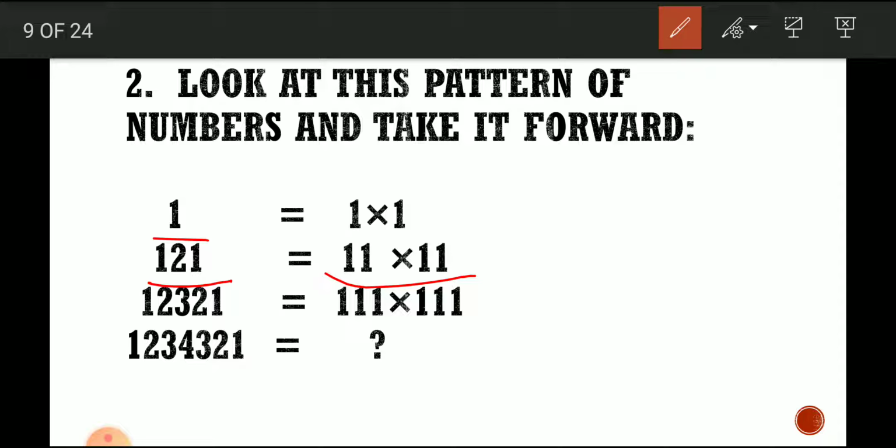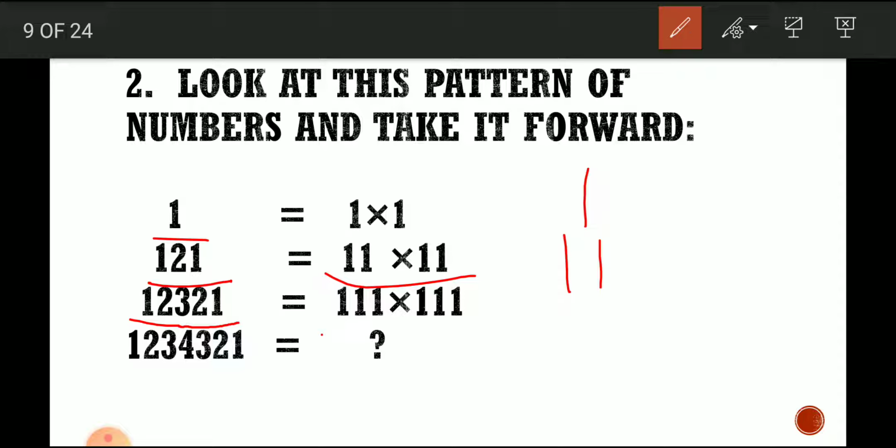So the first one is only 1, the second term is 121, and the third one is 1 2 3 2 1. If we write the reverse order, we get 1 2 3 2 1, right?